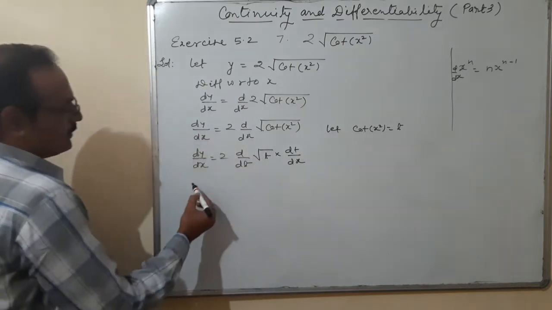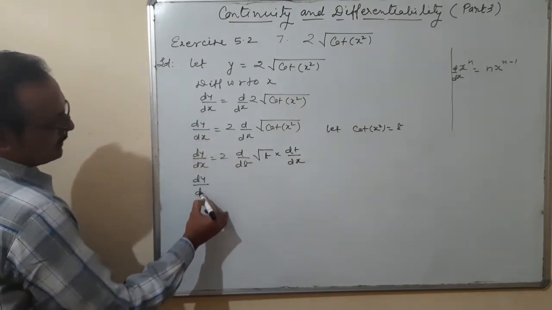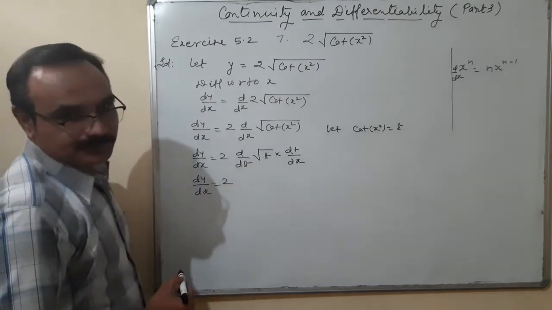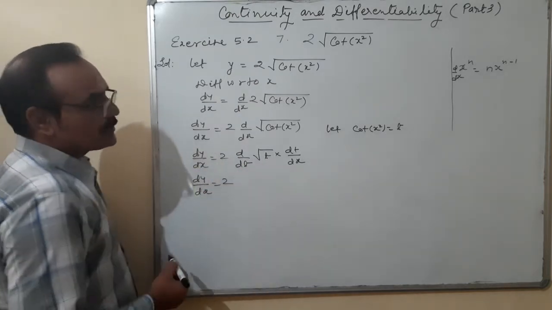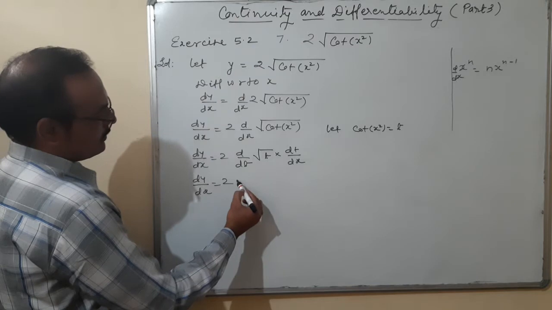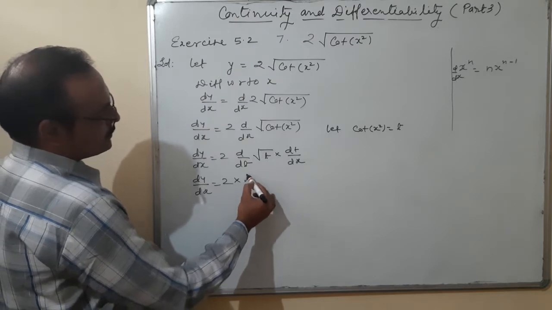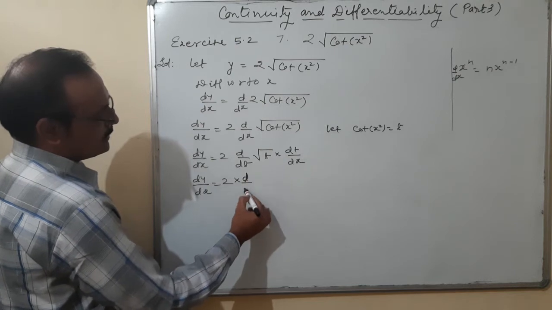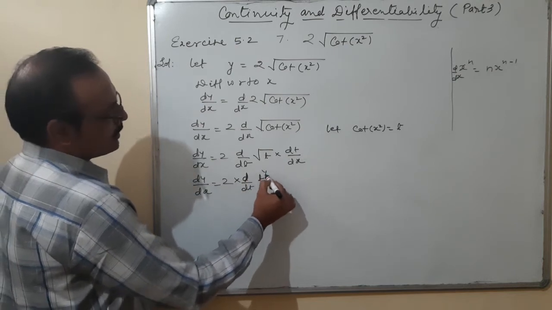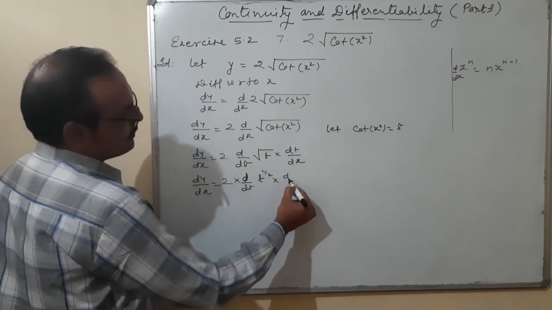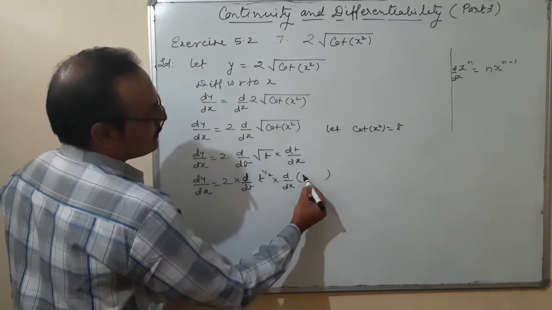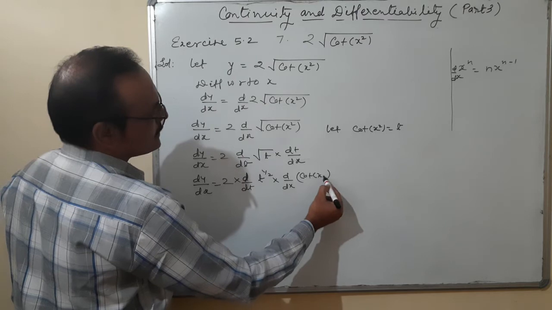Okay, dy by dx is equal to 2 dy by dt of under root t, that means t to the power 1 by 2, multiplied by dt by dx, and the value of t is cot x square.